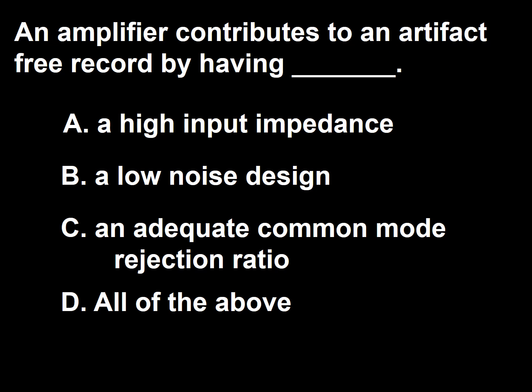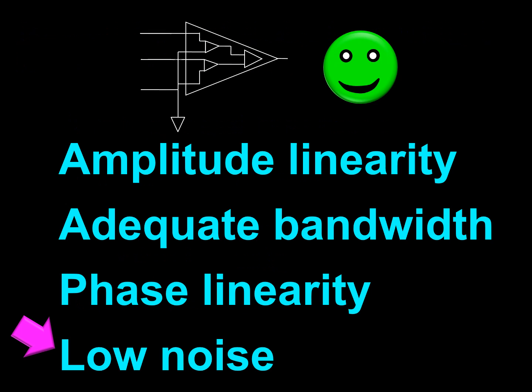Next question. An amplifier contributes to an artifact-free record by having A, high input impedance, B, a low noise design, C, an adequate common mode rejection ratio, D, all of the above. The last requirement of a good amplifier is to be a low noise device.